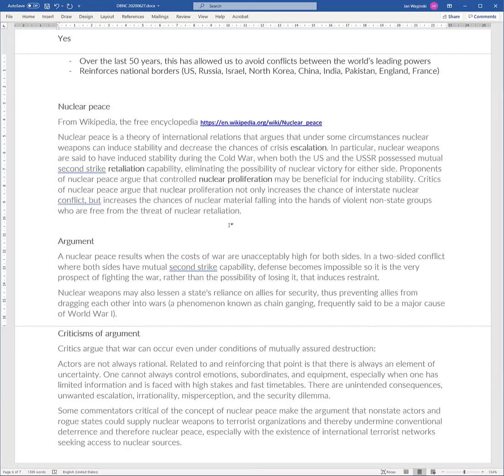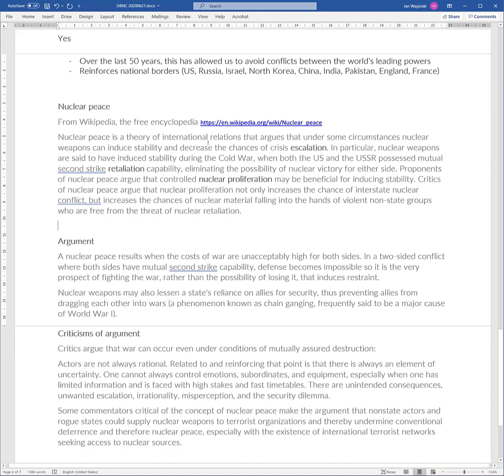So basically it's talking about what is nuclear in the world. And it's talking about for some people are beneficial, for other people are not. So it's a different opinion here in this paragraph.